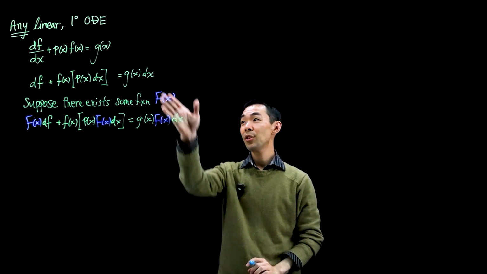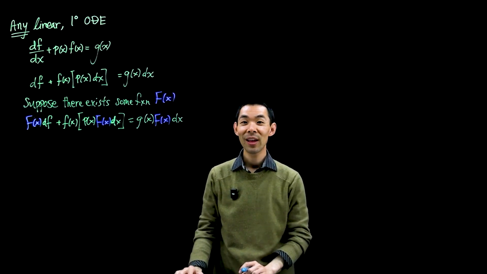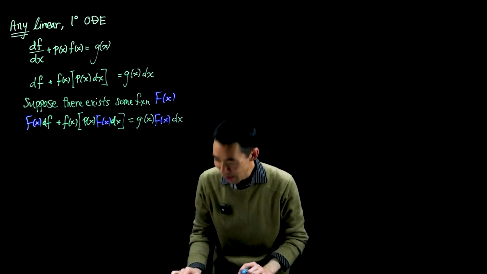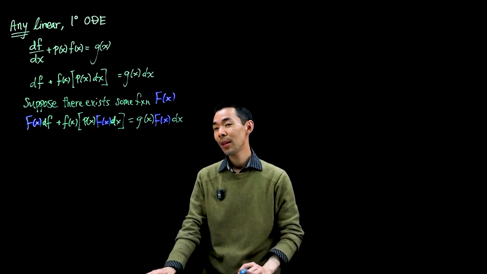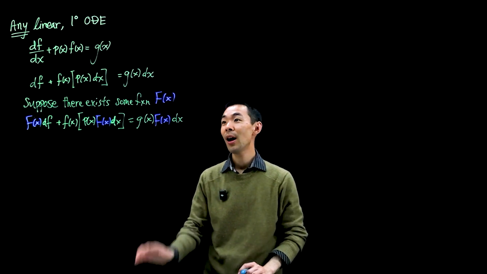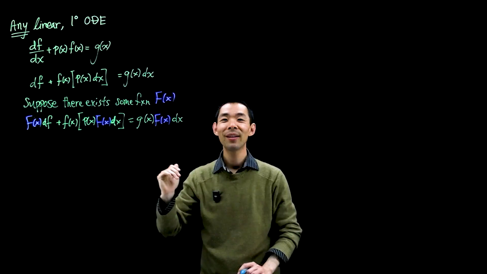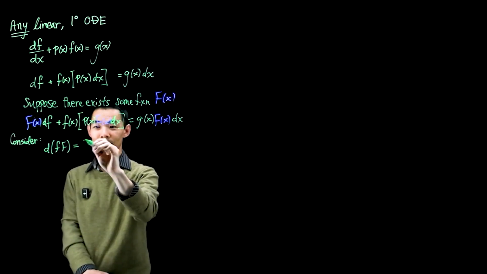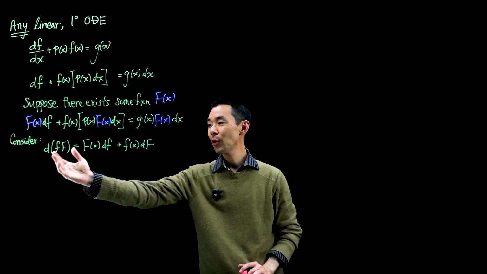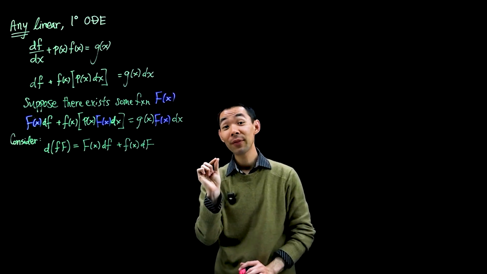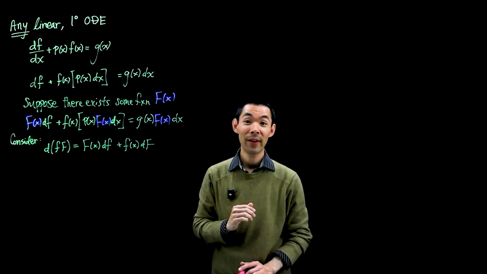I've just taken the equation up here and multiplied each term with this capital function F of x. Now, what we'd like to do next is to consider a differential of the product of little f, the function we want, and some function capital F of x.